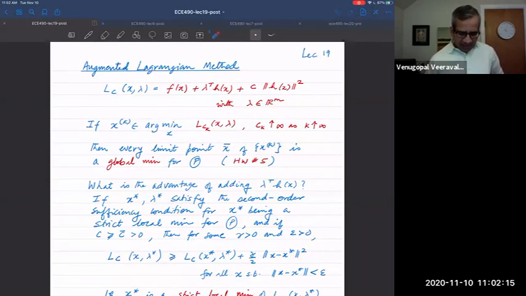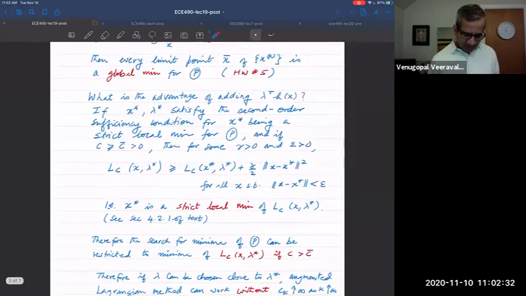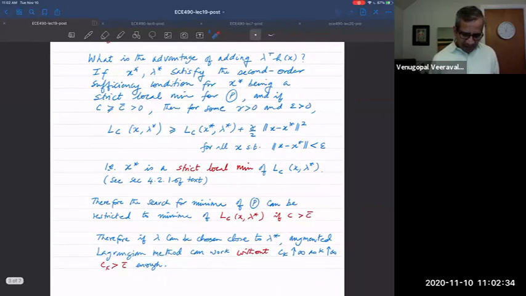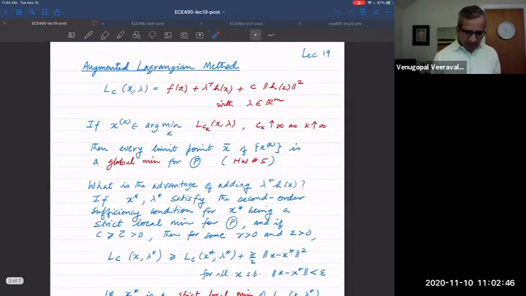And adding this lambda transpose h actually turns out to have some nice advantages, especially if you can choose this lambda close to lambda star, which corresponds to the global minimum of the original optimization problem, right? And if we can do that, then we don't need to let ck become that large in order to get close to the optimal solution using this method. Okay, so that's good to know.